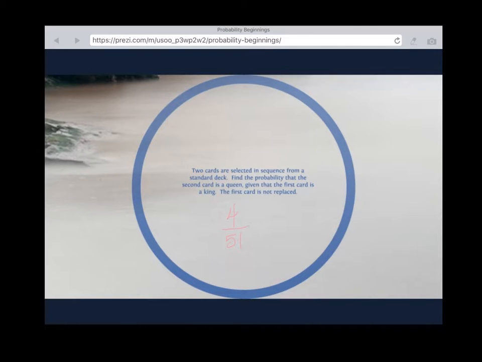Meaning, are they dependent or independent? Do they have an effect on each other or do they not? And this is really important because eventually it's going to get difficult to figure it out without doing some math.